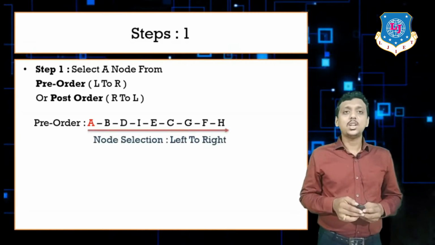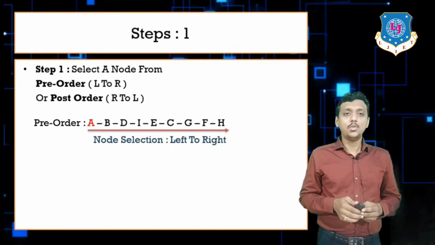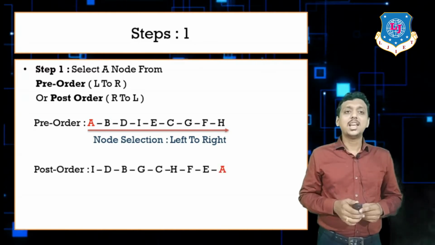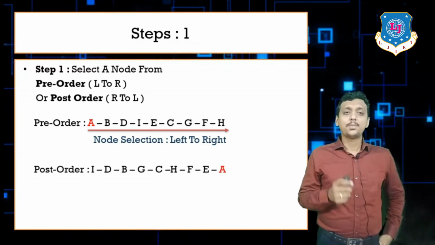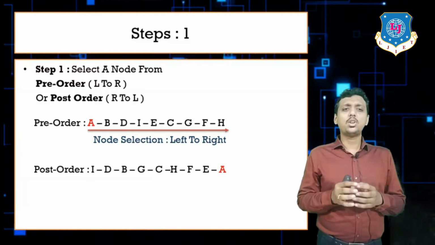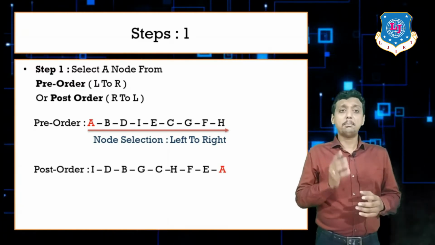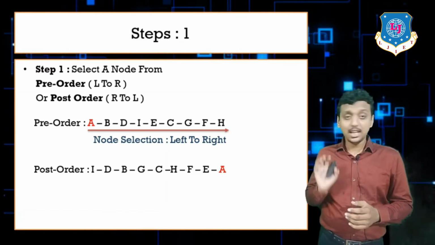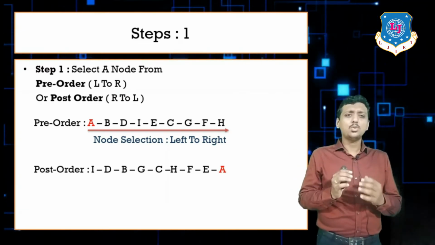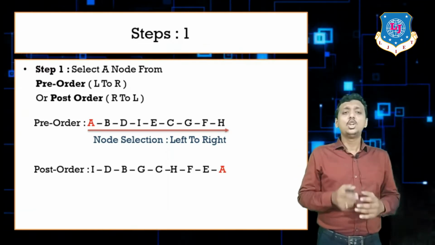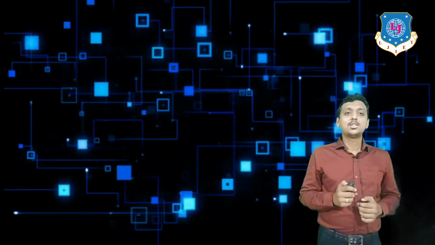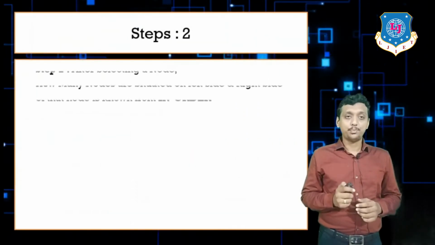If you have a pre-order sequence, then you always start selection from left to right. Next is post-order. The post-order contains I, D, B, G, C, H, F, E and A. In post-order you always need to go from right to left. Fine.